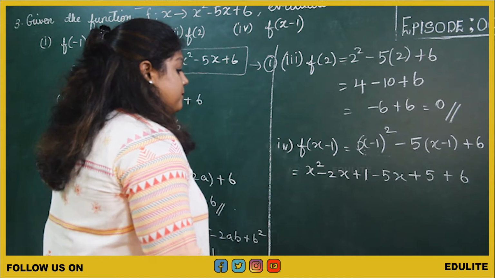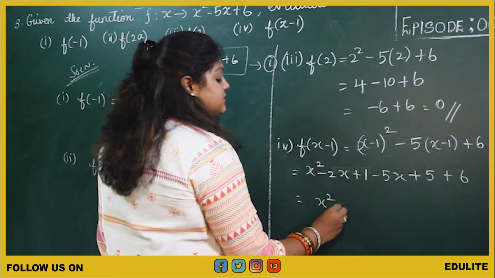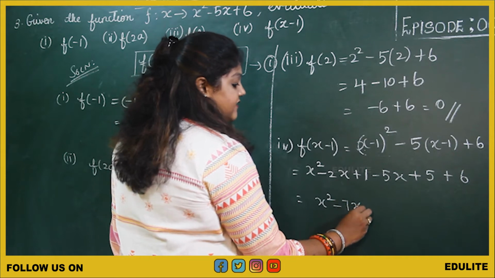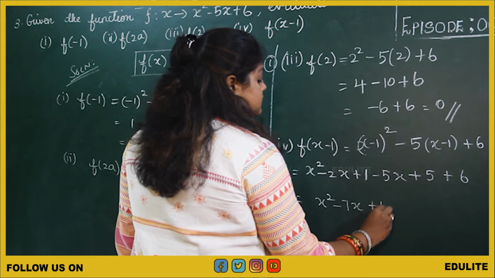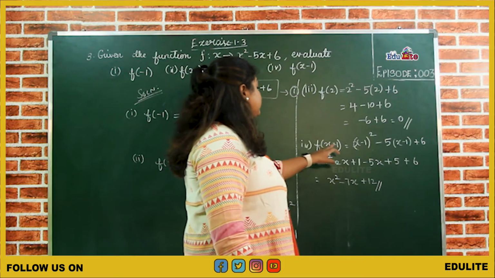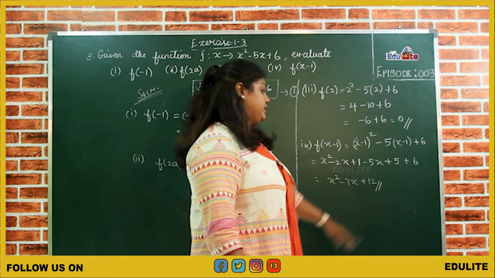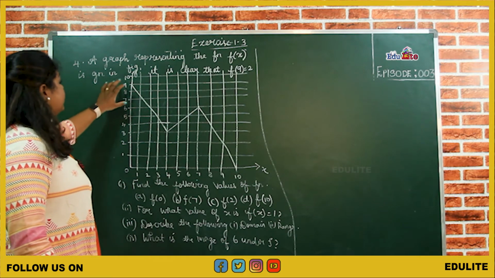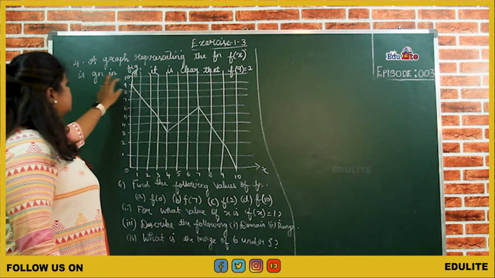Next is x square, minus 2x minus 5x will become minus 7x, 1 plus 5 is 6, 6 plus 6 is 12. f of x minus 1 is equal to x square minus 7x plus 12. So the fourth problem is representing a graph and the given function is f of x.